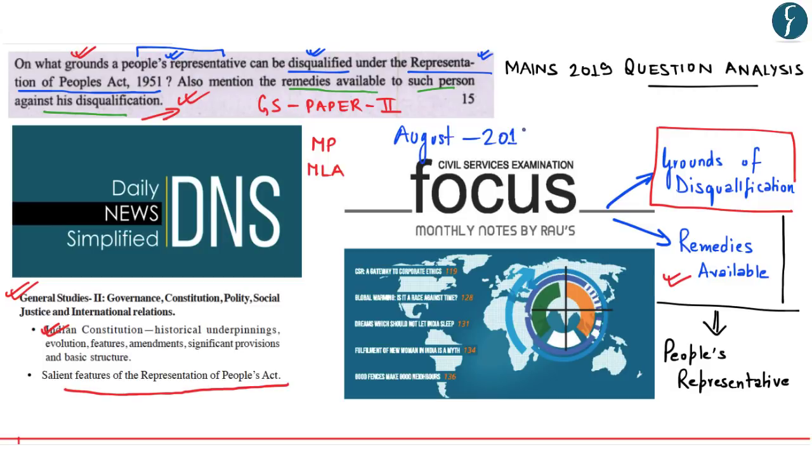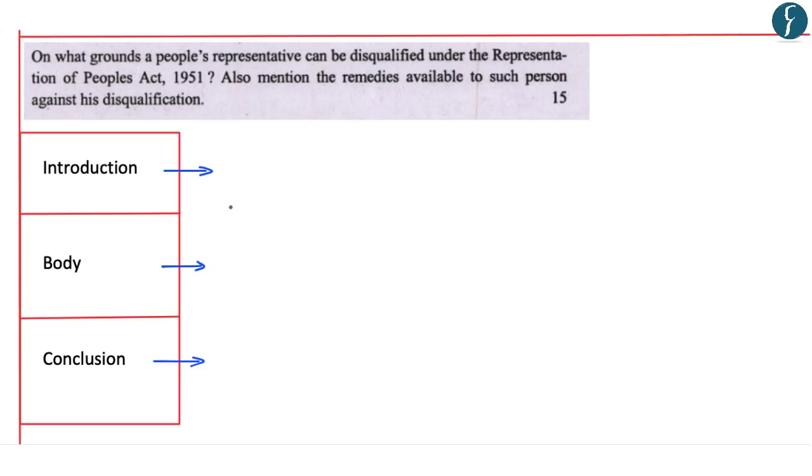The news was with respect to disqualification of the Chief Minister of Sikkim. This topic was covered in Daily News Simplified in the month of August as well as October. This question has been asked in a very clear manner, as it is talking about grounds of disqualification and also the remedies available to such persons.